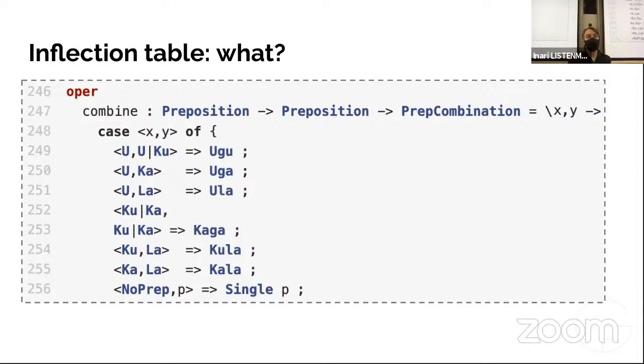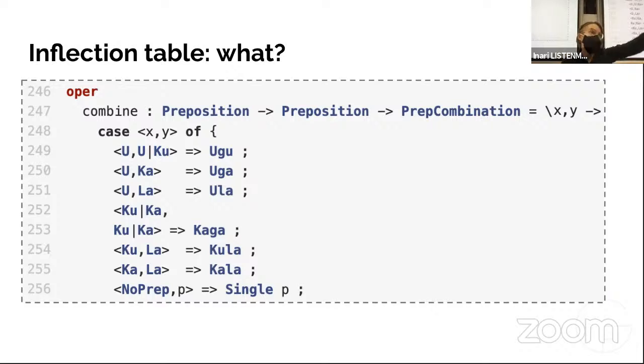Right, okay, here it is. So the single prepositions are combined into this prep combination. This is just like the table that we saw 20 slides ago, where U plus O is Ugu, U plus Ka is Uga, O plus La is Ula. So this is just a direct translation of that.